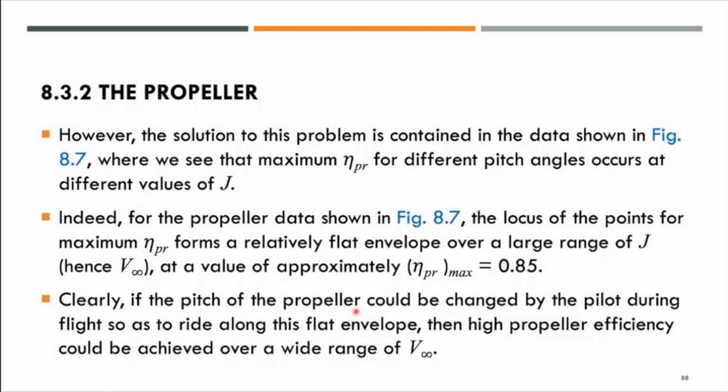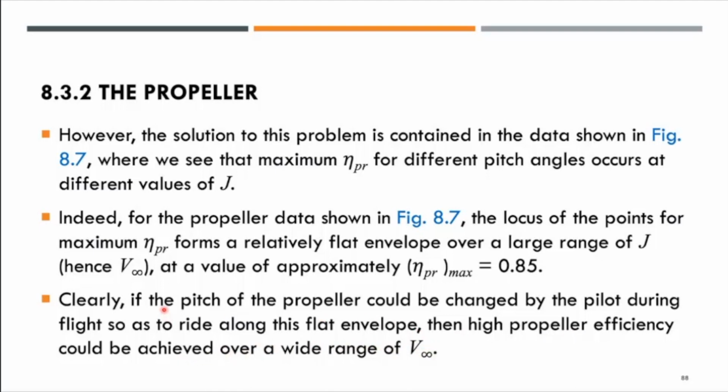Clearly, if the pitch of the propeller could be changed by the pilot during flight so as to ride along this flat line, then high propeller efficiency could be achieved over a wide range of free stream velocity.